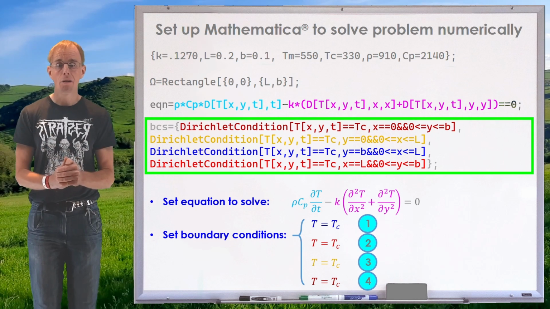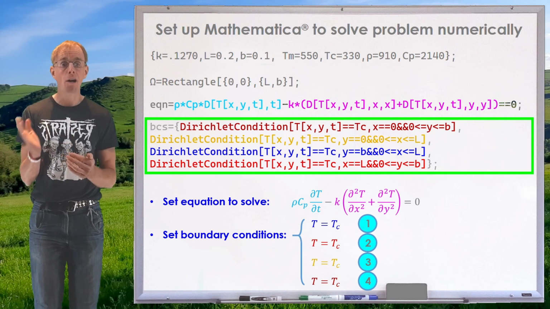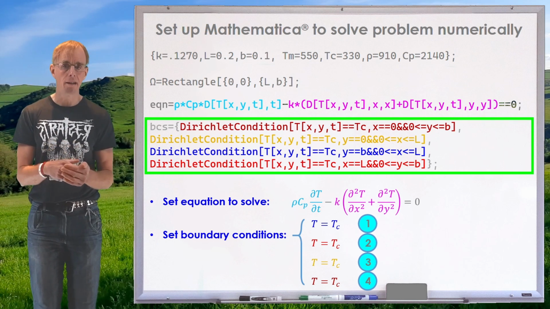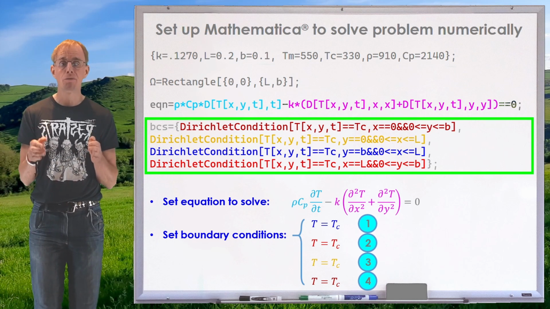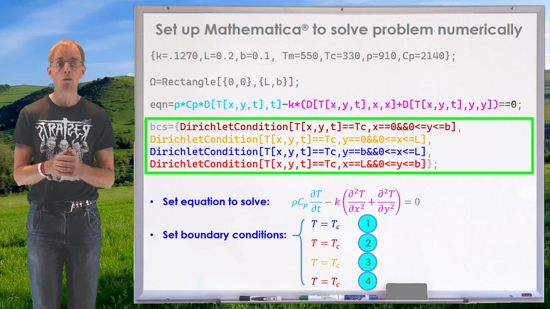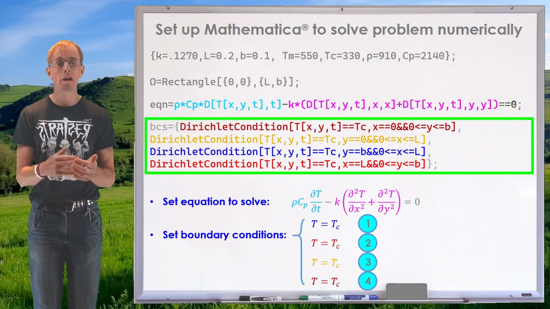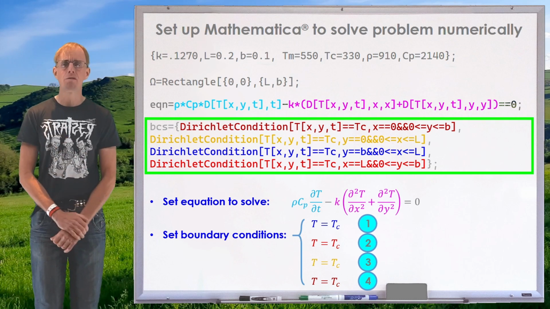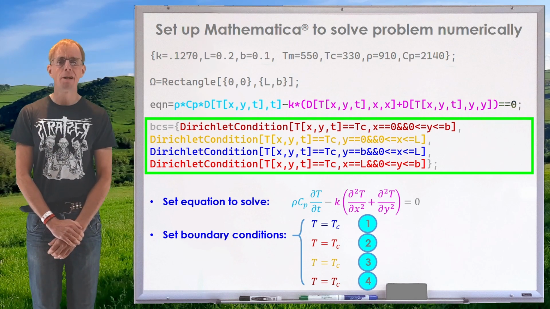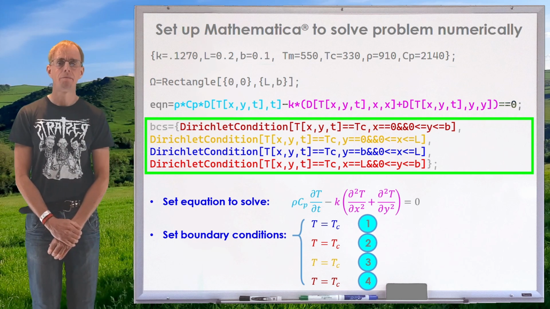In this case, boundary 1 is at y equals b, it's the top surface, at all length, x equals 0 to L. And we can see for the sides, we are specifying, for example, for boundary 2, x being at length L, and then changing y from 0 to b. And so we've got those 4 boundaries implemented by Dirichlet boundary conditions as a separate statement in its own right.